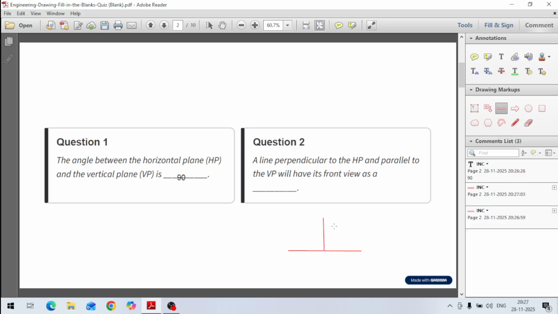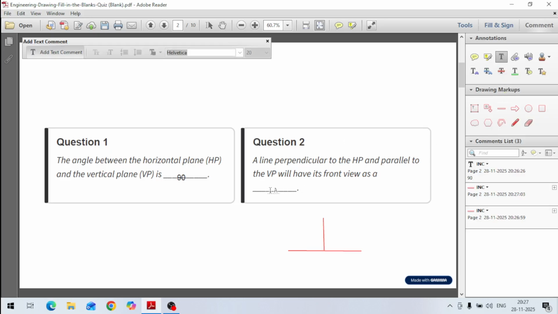If this line is parallel to the vertical plane, then the line will be vertical only. So here we write, this is a vertical line.